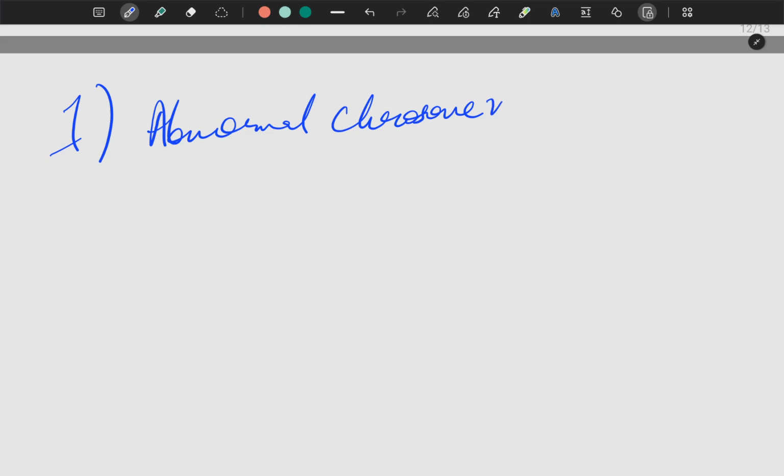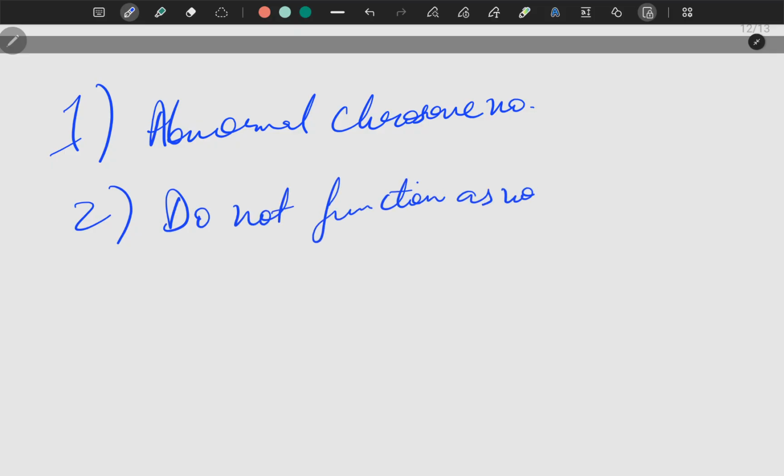Now, how do malignant cells behave abnormally? First, they have an abnormal chromosome number. Second is altered metabolism, which means they do not function as normal tissue cells. Third, loss of adhesion, which means sticking.